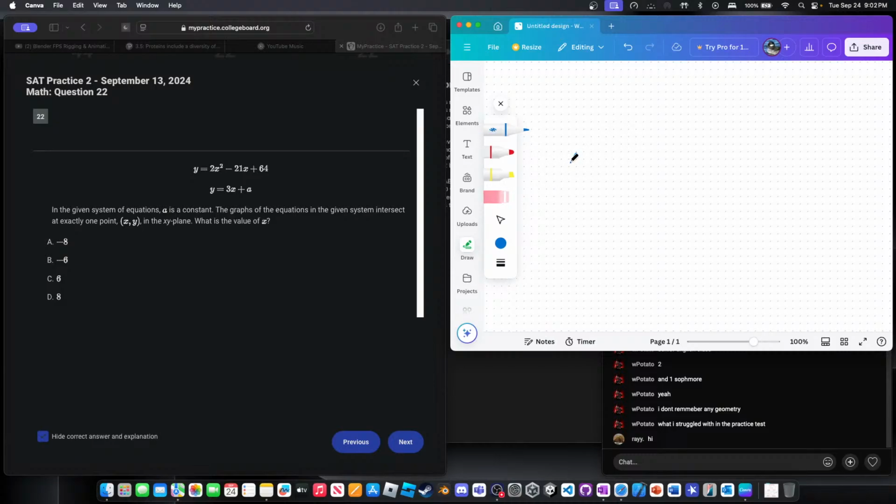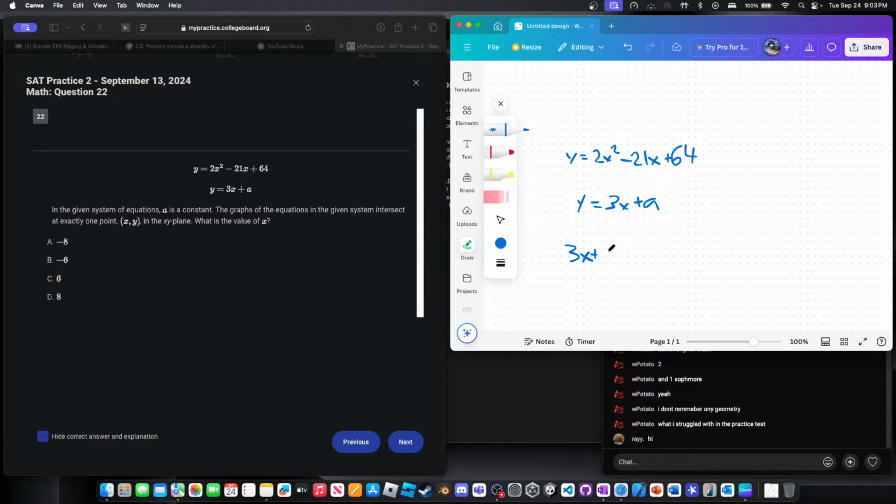Okay, I'm going to do y is equal to 2x squared minus 21x plus 64, and then y is equal to 3x plus a. Okay, so what I'm seeing here is that we can substitute 3x plus a with y. So let's actually do that real quick, just like last time.